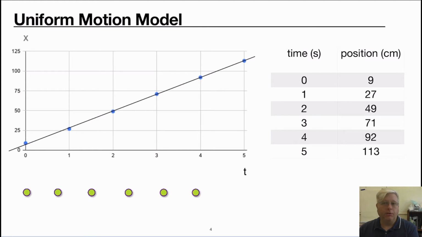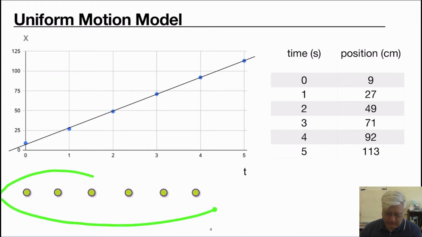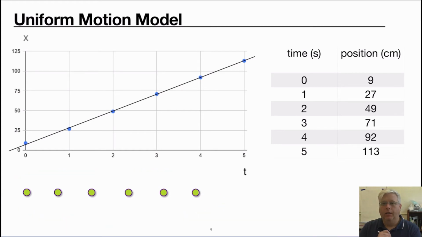So we initially applied this model to Daisy in lesson 3 when we made a motion diagram, like we had down here, and we saw that the dots were evenly spaced. And then we looked at this graphically, right?